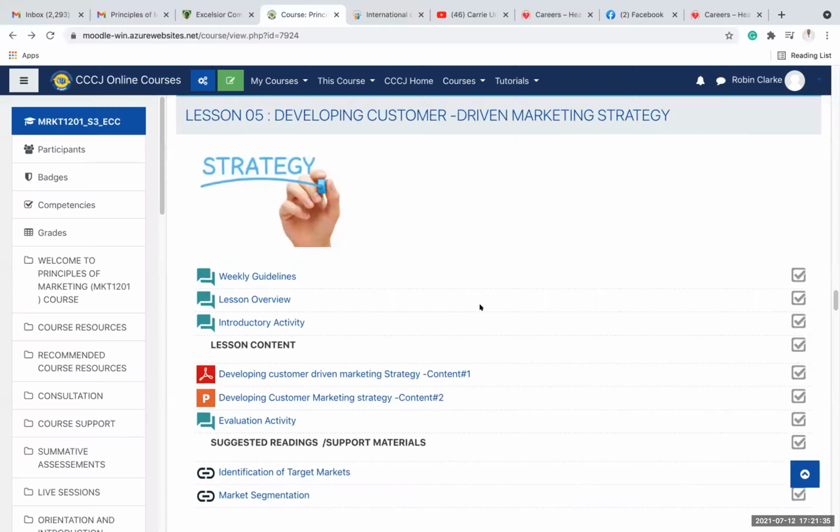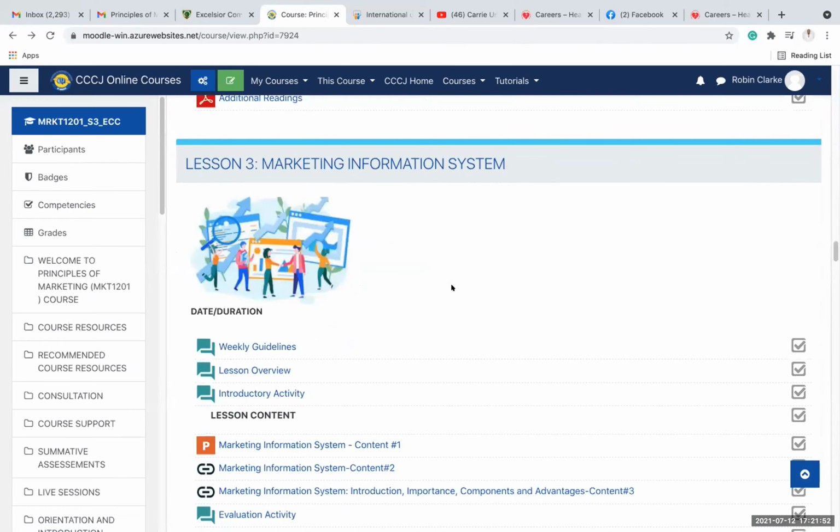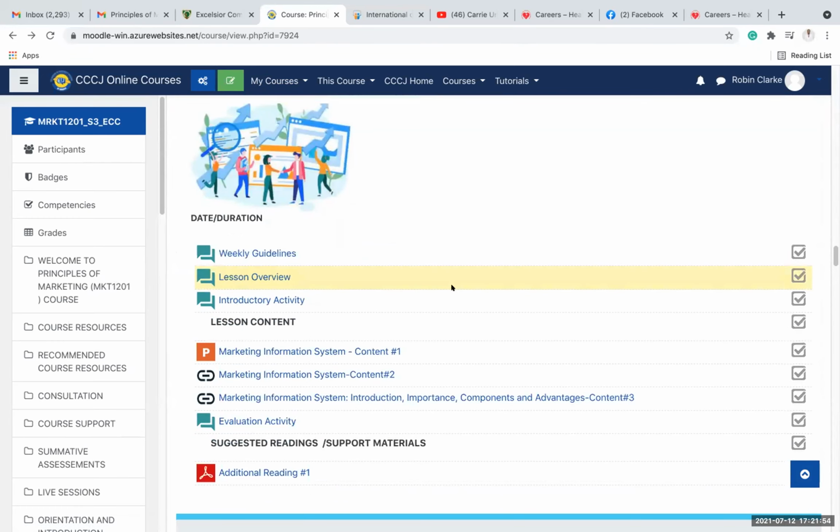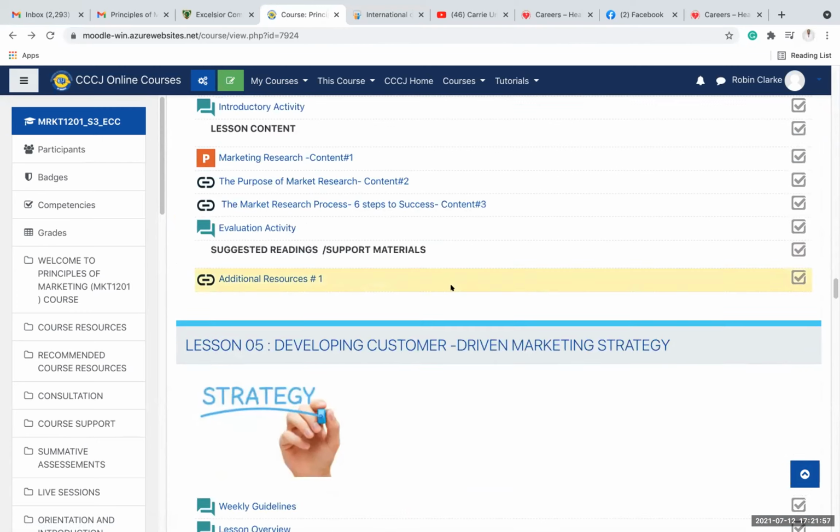So if you go to Moodle, this is Moodle, and I get it as my courses, so Principles of Marketing. And under that, you're able to access all kinds of information and content. So you cannot say that you do not have any access to information because the information is there.